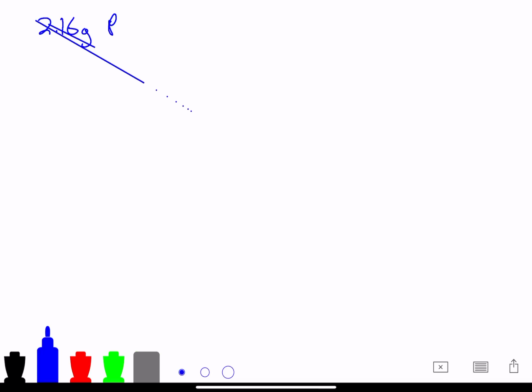I'm going to put this as POH. Okay, so the POH is going to be the acid in this case. First thing we need to do is find the molar mass of these species, so we can find how many moles we have.